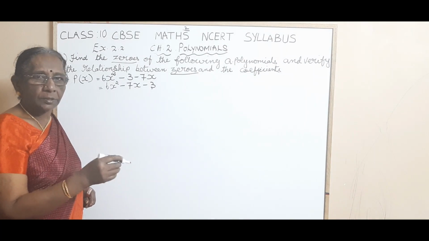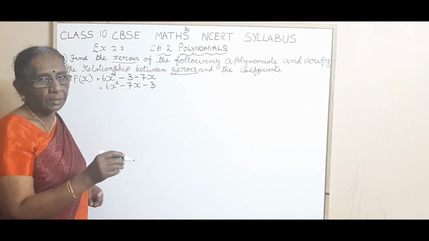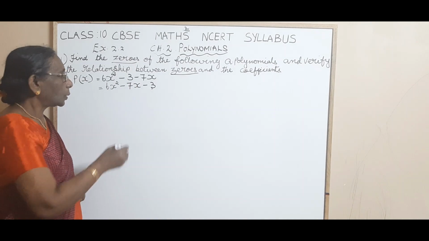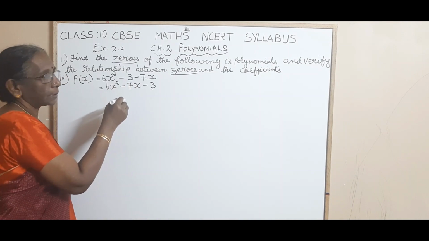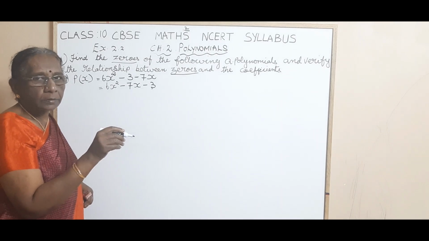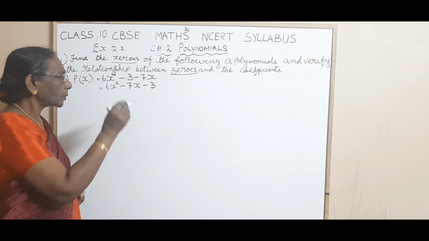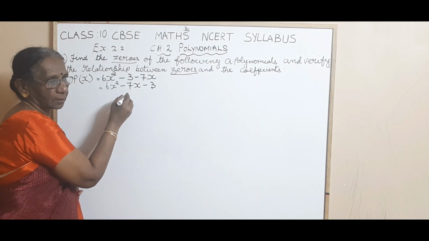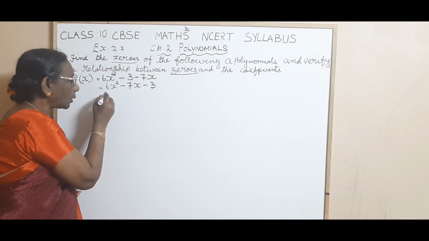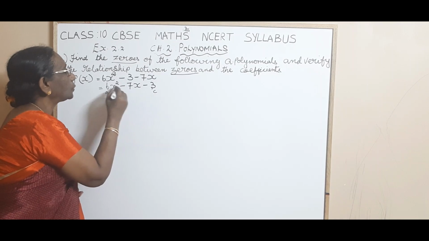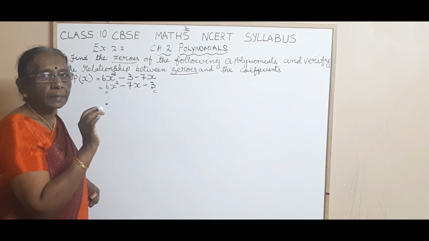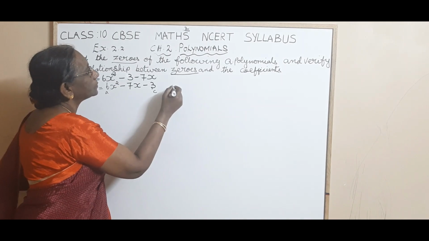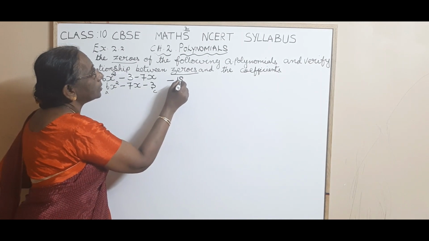So what is the factorization method? You have to split the middle term, that is the term with x. The coefficient of this is minus 7. So what are the two conditions? One condition is, when you add, the sum should be minus 7, and the product of a and c, 6 threes are minus 18, so the product should be minus 18.